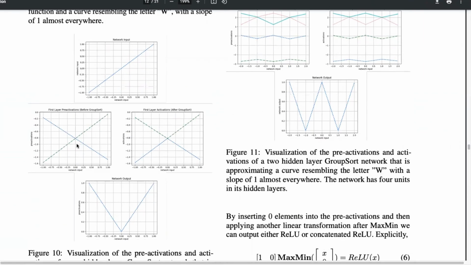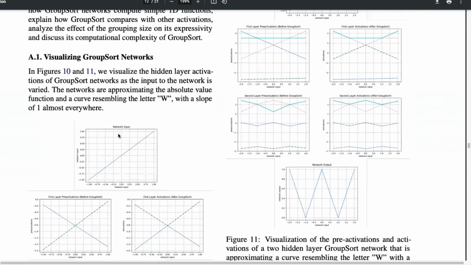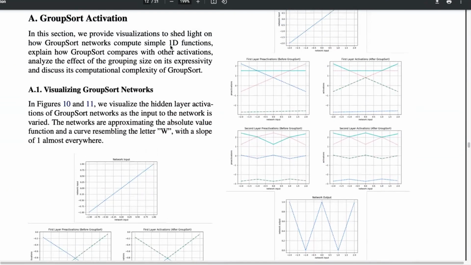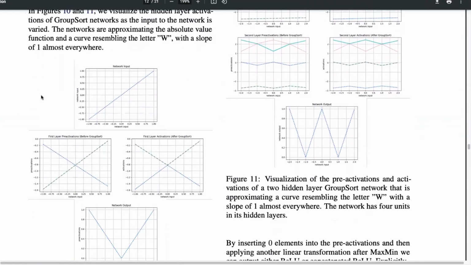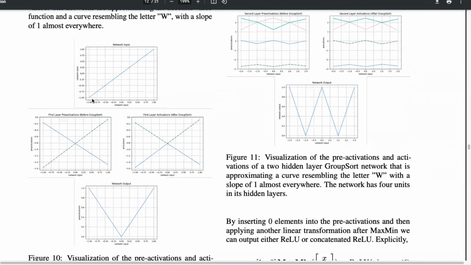The other way to get some intuition about what's going on is they train the network to learn one-dimensional functions. And so this just means instead of a vector, I just have a single number as input to my network, as a way of diagnosing what's happening. So here are the inputs. And if I have a network with just 2 hidden units, then these are what my 2 hidden units are doing.